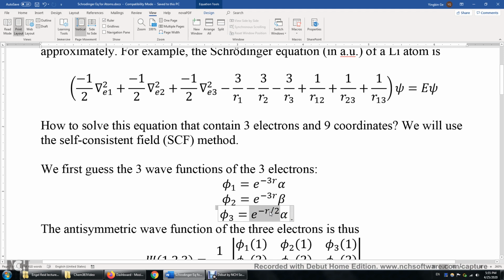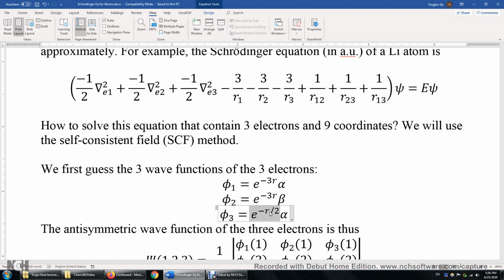I'm assuming the 2s electron is a bit farther away from the nucleus than the 1s electrons. And I'm making approximations here. I'm putting the 1s electrons into the nucleus, and then it behaves like a hydrogen atom with a single electron occupying the 2s orbital.